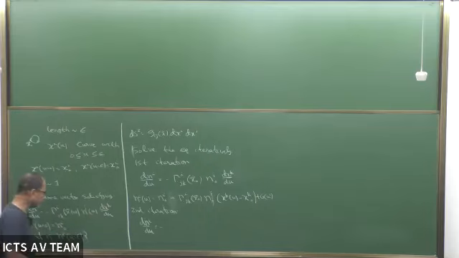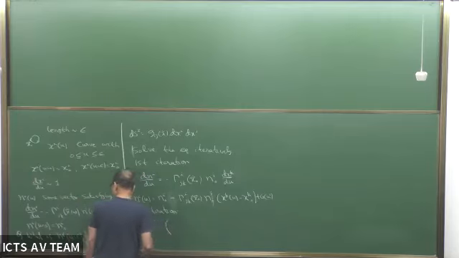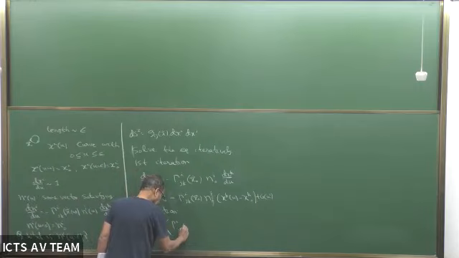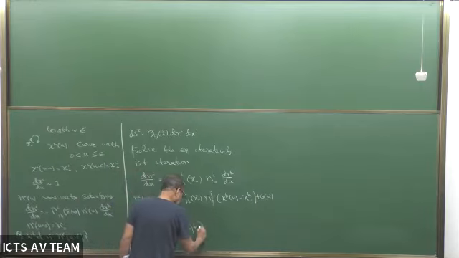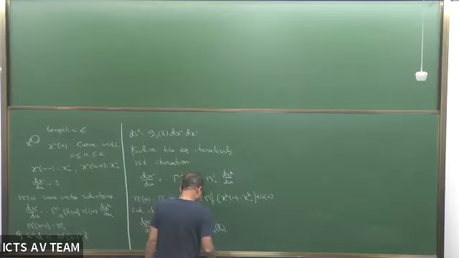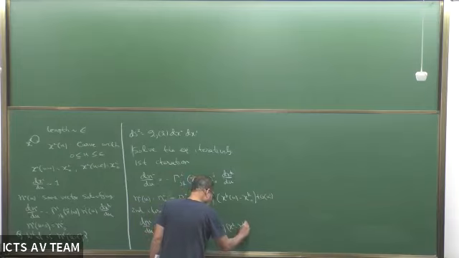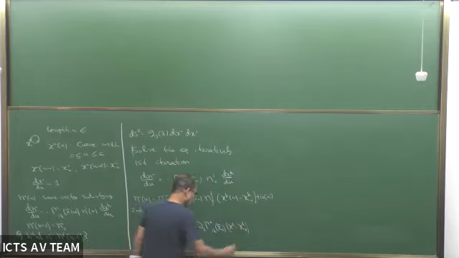So this can be written as minus gamma ijk x naught plus, it's enough to keep up to this term.